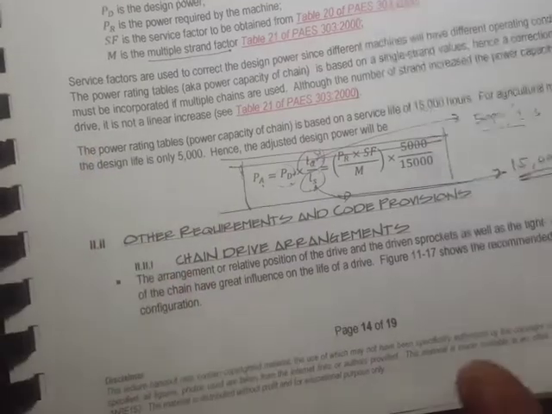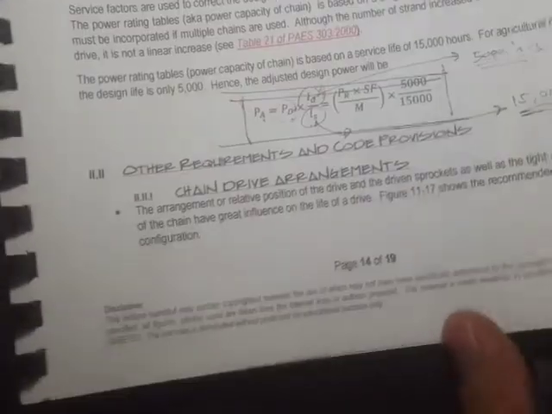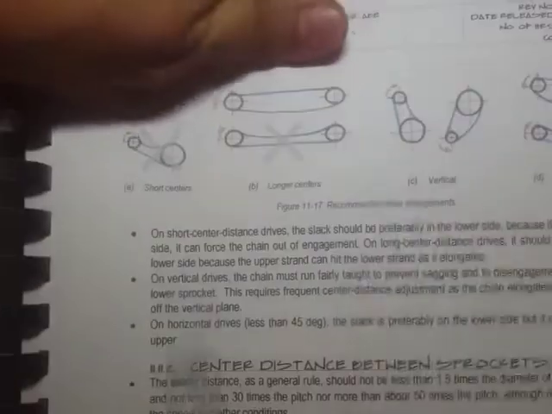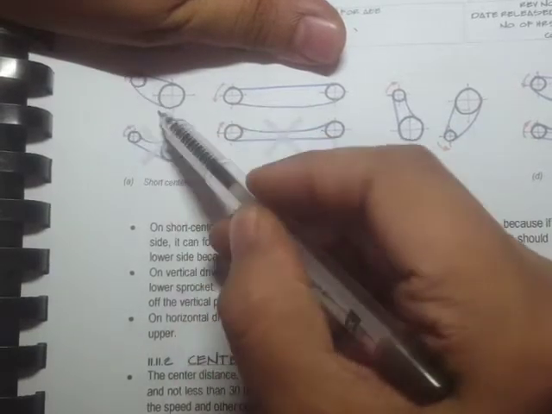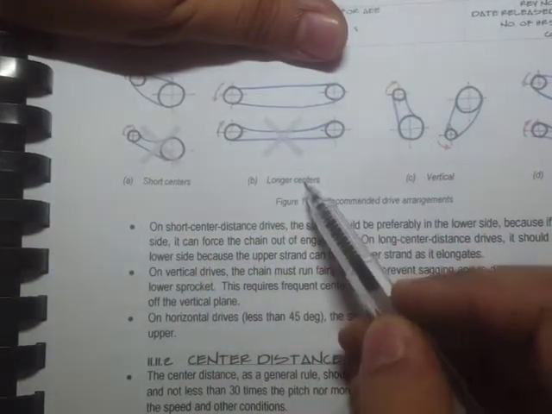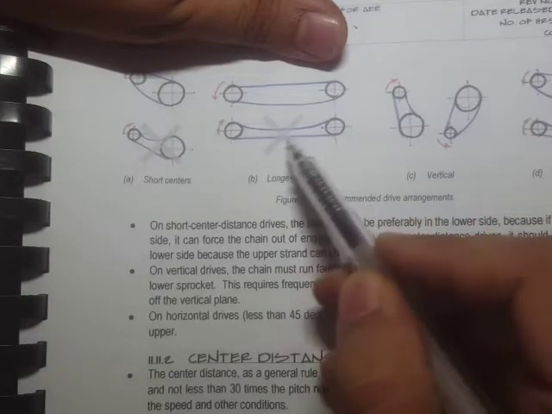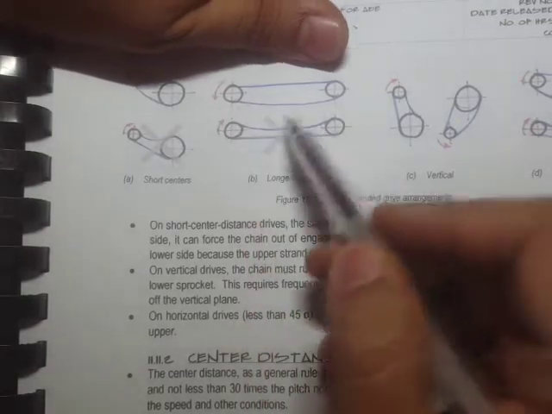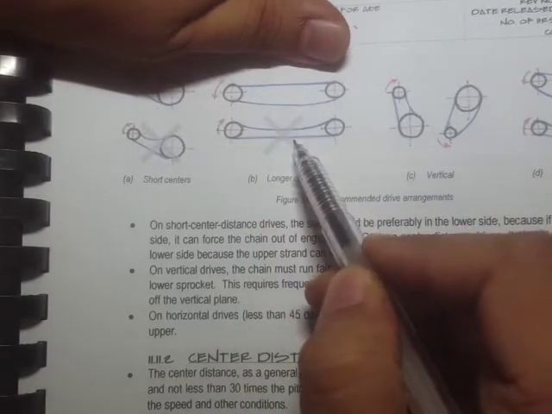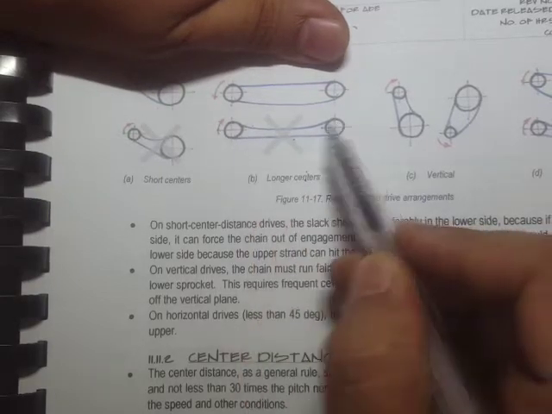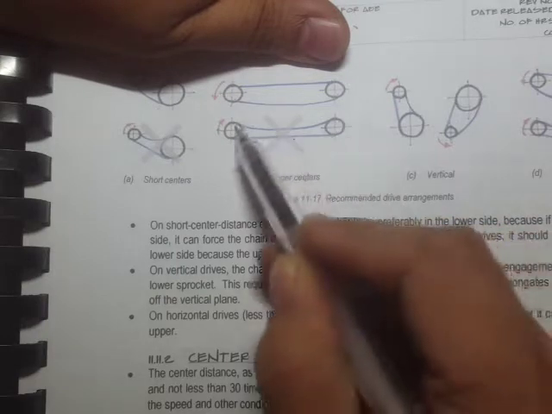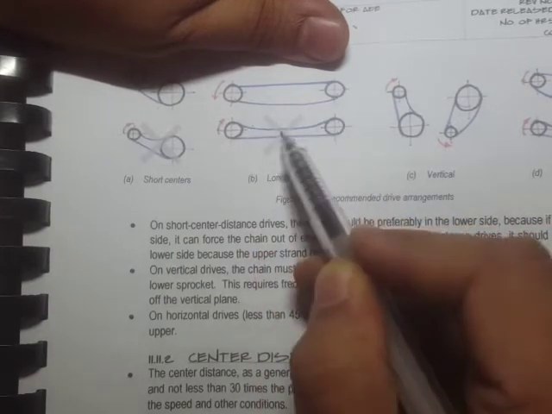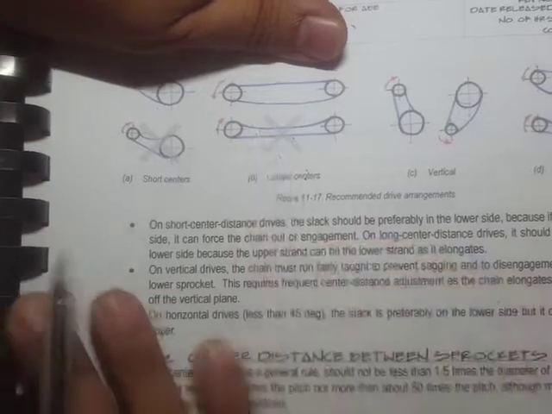Okay, then now we'll go on to the code provisions. So chain drive arrangements, we can have short centers. For short centers, the sag must be at the bottom. For long centers, the sag must be at the bottom as well, because imagine if the sag portion is on top, then you can have excessive deflection, and that upper strand can hit the lower strands.